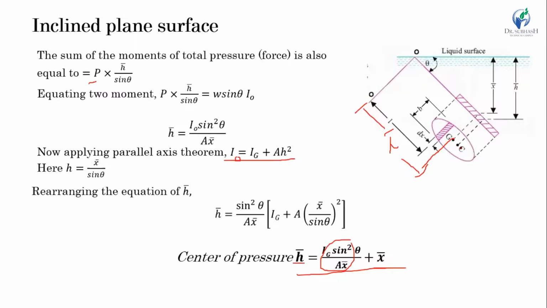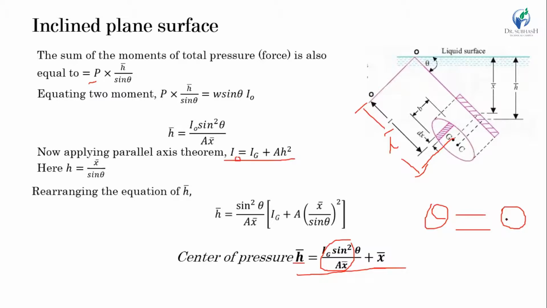As shown in the figure, the center of pressure is always below the center of gravity. Also, if we put theta equal to 0, then H bar equals X bar.